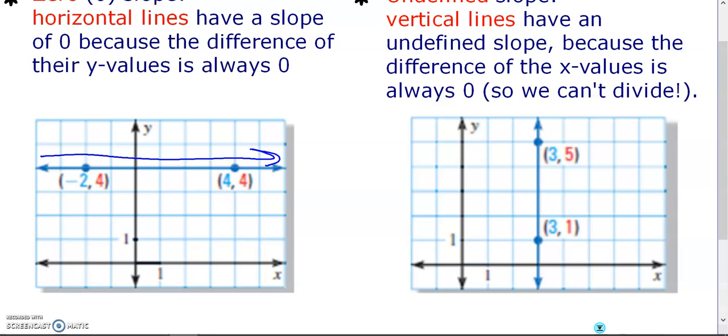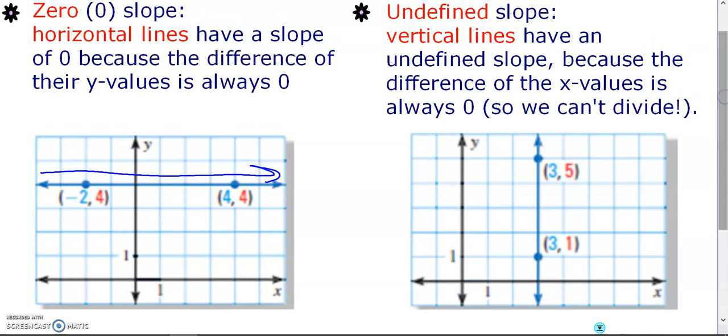If you have a vertical line, and we didn't calculate this one yet, a vertical line is called an undefined slope. And the reason being, if I look at my 2 ordered pairs, let me call this one 1, that one 2, and if I set up my subtraction problem, I've got y2 minus y1 over x2 minus x1.